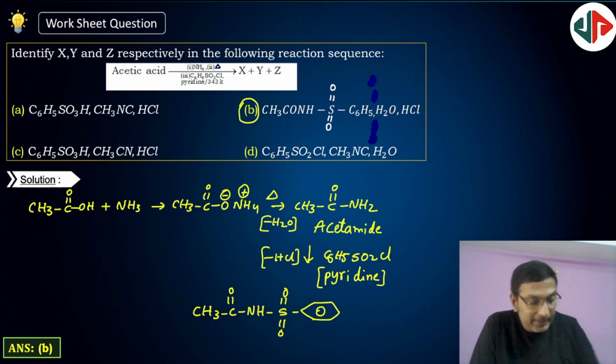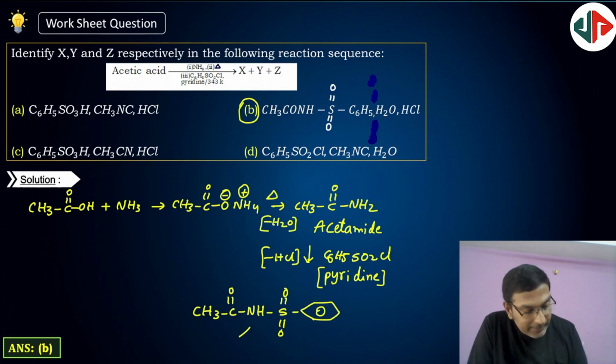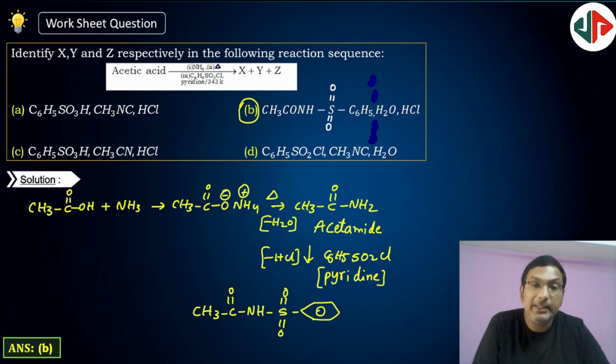So which is the major compound? Say this is X. Otherwise I will write like this. So first water is removed. Therefore X is, say, water. Next, say Y is HCl and last Z is the final compound.